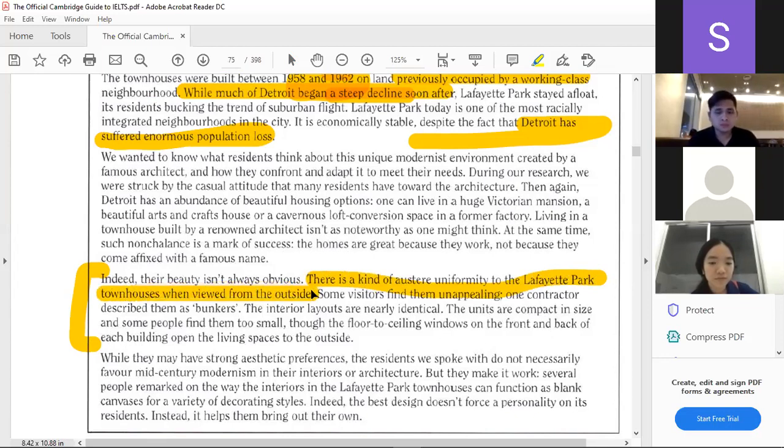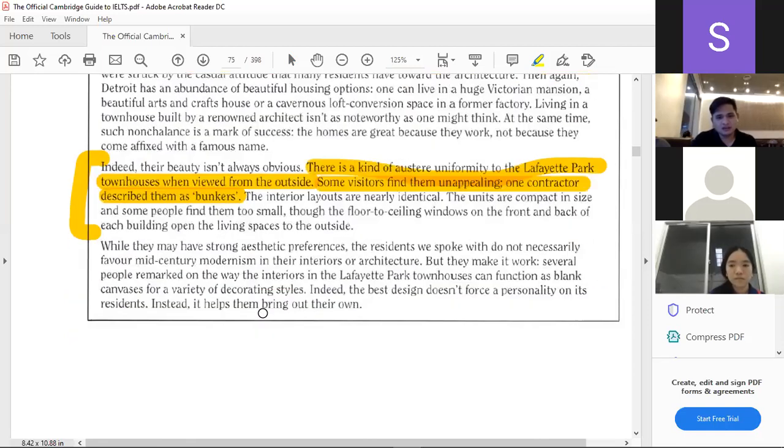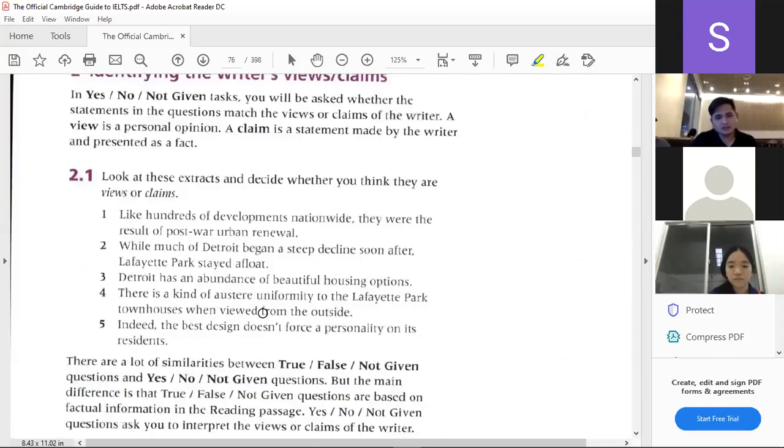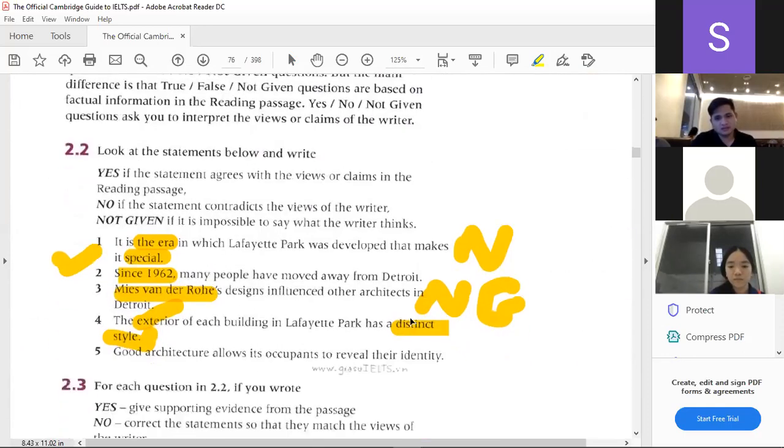Look at this. So from the outside, some visitors find them unappealing. One contractor described them as bunkers. It means it's not good, so it's not distinct. It is actually unappealing. So you all got the right answer.